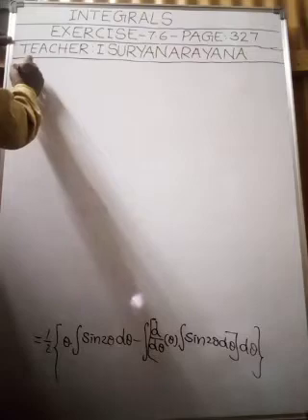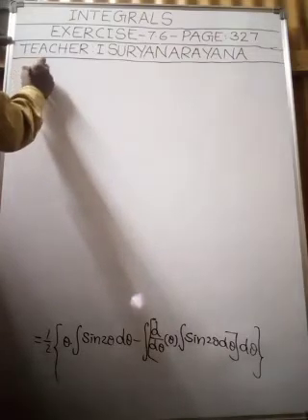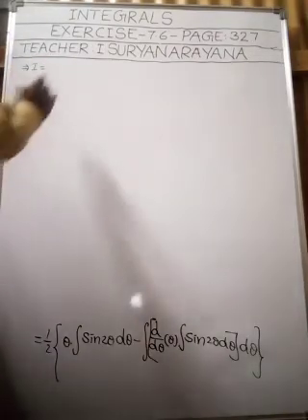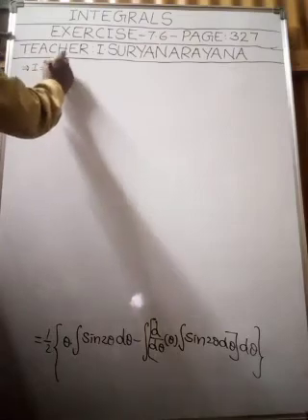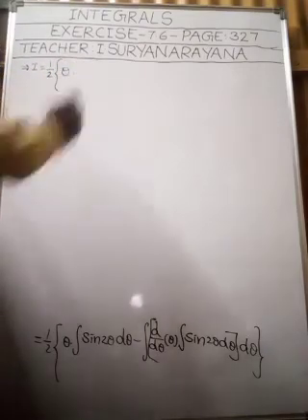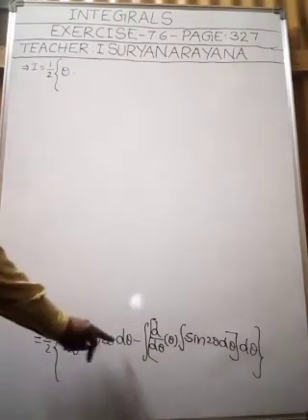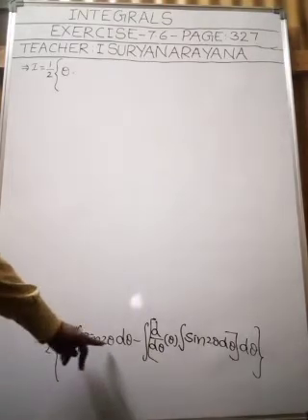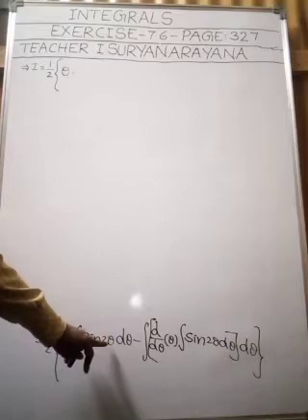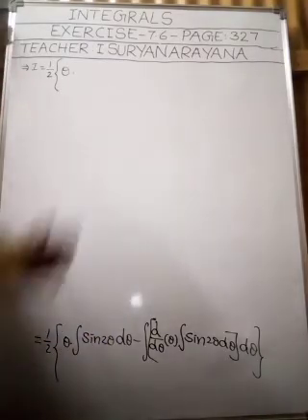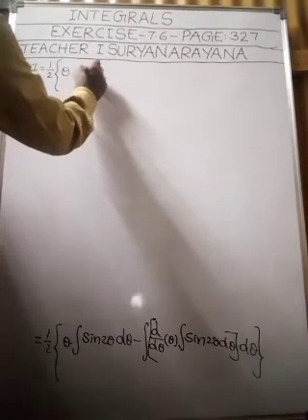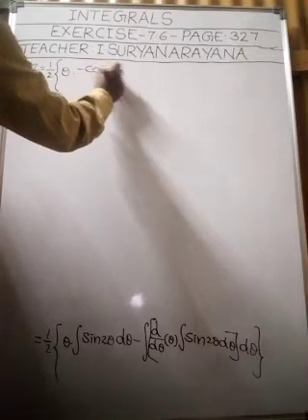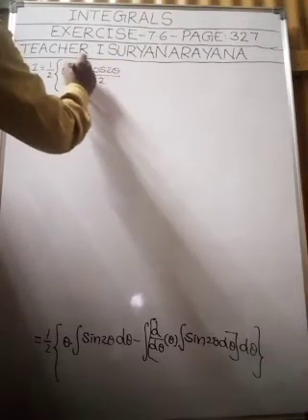That is equal to, see here, my children, 1 by 2 into theta into integral sin 2 theta d theta. It is in the form of integral sin of ax plus b, linear expression. So minus cos 2 theta by 2.